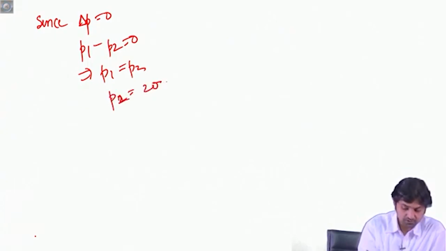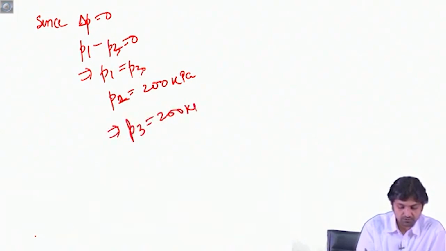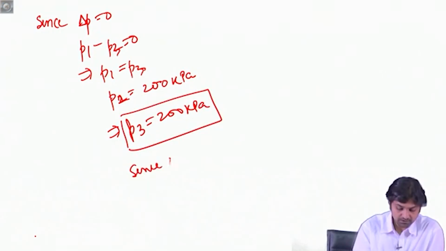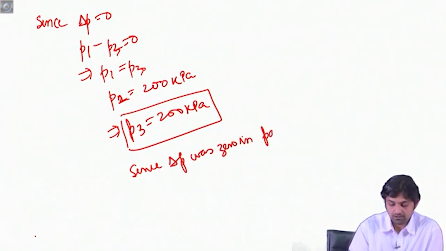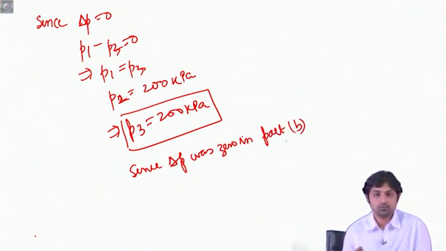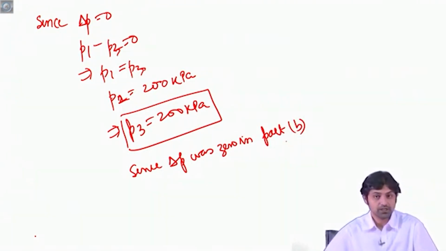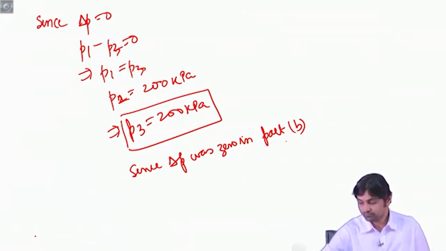Sorry, P1 is equal to 200 kilopascal, sorry, or yes, P3, sorry. Therefore, P3 is also going to be 200 kilopascal since delta P was 0 in part B. Very simple, because there was no pressure drop per unit length, so the pressure would be the same as what is at point 1. All right. So we finish this one here.